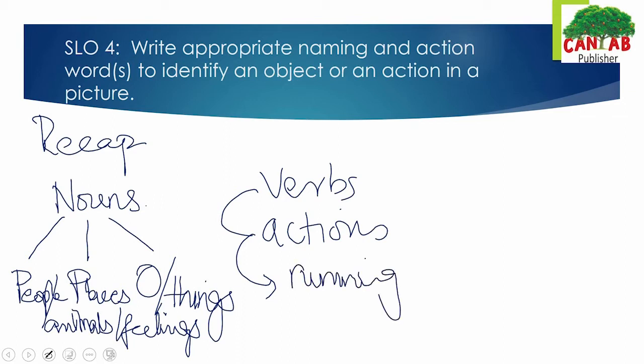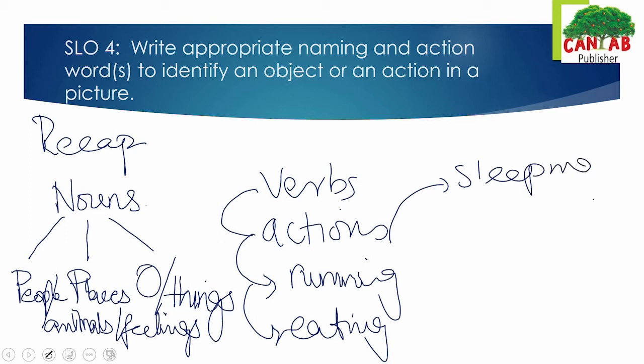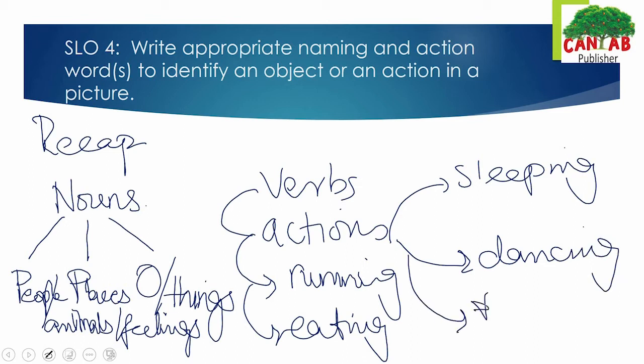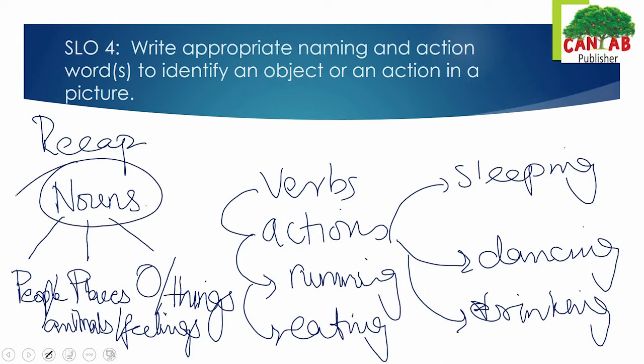Running, eating, sleeping, dancing, drinking, and so on. So nouns help us to talk about the people, places, and things in a sentence, and verbs tell us what that person or animal is doing.